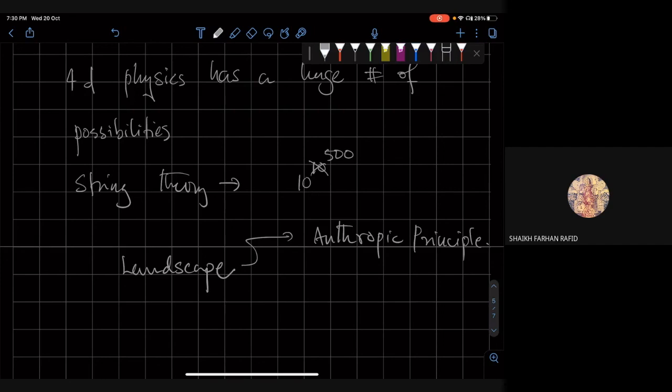For example, it cannot be too big, it cannot be too hot, it cannot be too cold. It basically has to be a Goldilocks planet, which is what Earth is. And that, in some sense, explains why Earth has life and other planets don't.